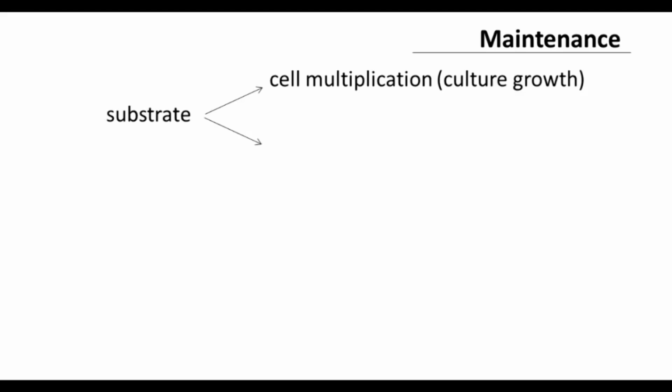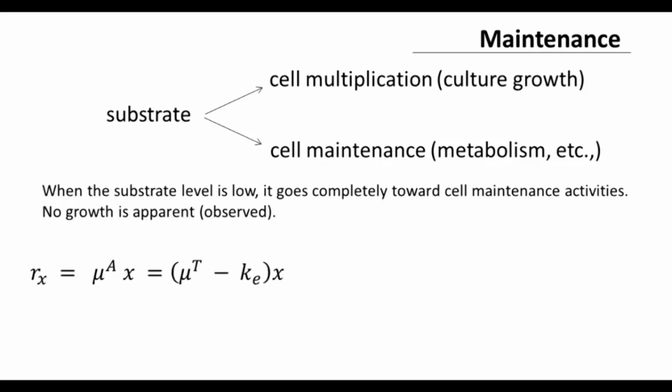And then we looked at the concept of maintenance, which is the substrate going to maintain the activities in the cell first, such as metabolism, transport, and genetic processes, and then after satisfying this, it goes towards multiplication. Therefore, when the substrate level is very low, one may not see growth at all.